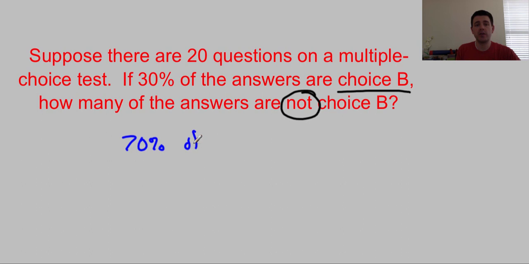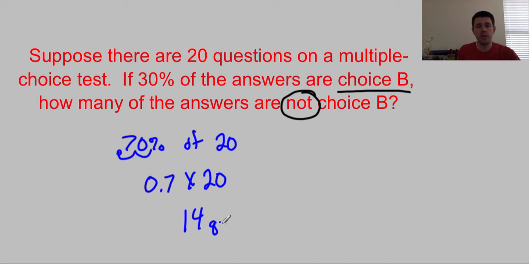And we want 70% of 20 questions. Well, of means to multiply. So 70% is really 0.7 times 20. In my handy-dandy calculator, I get an answer of 14 questions. So 14 out of the 20 questions would be not choice B.